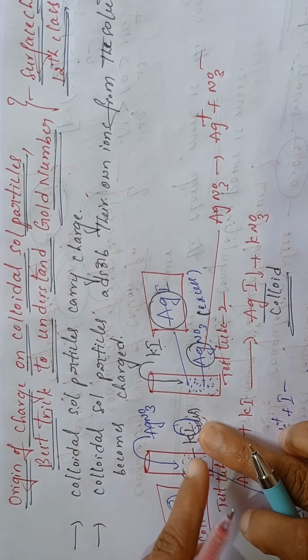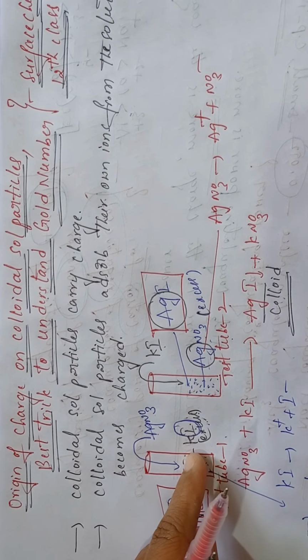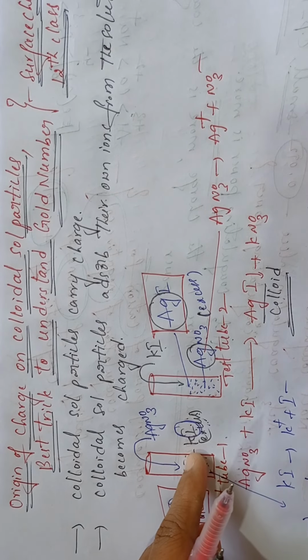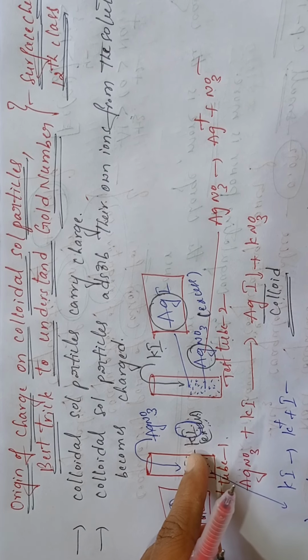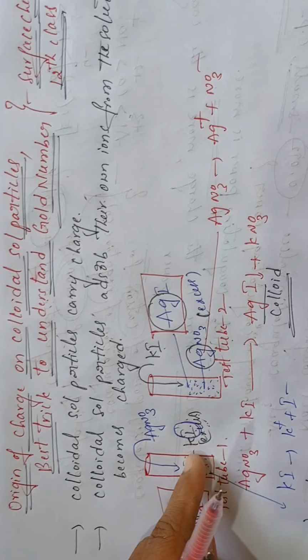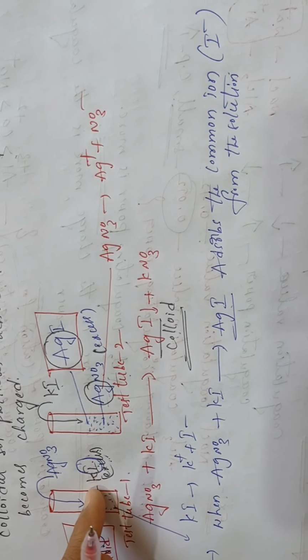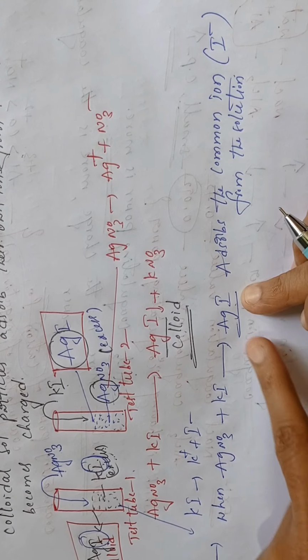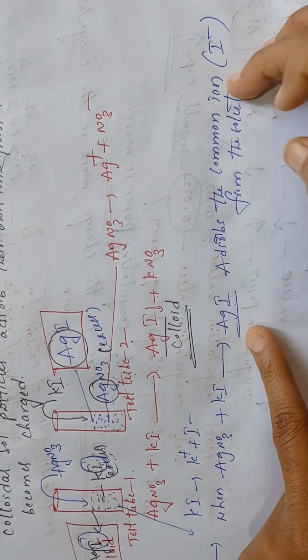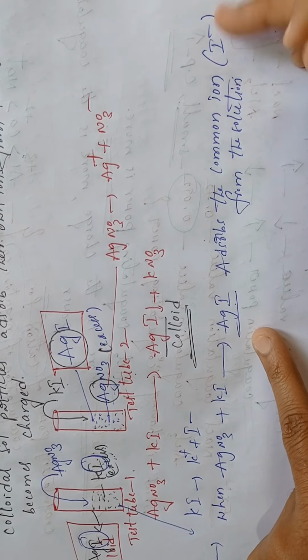It absorbs the common ion iodide, I minus, from the solution. When AgNO3 is added to the KI, it produces silver iodide, which absorbs the common ion I minus from the solution.